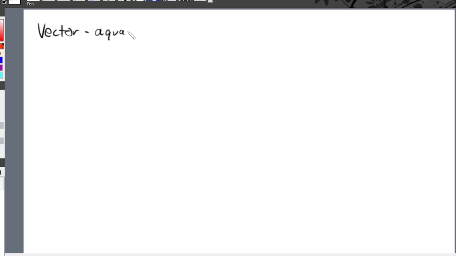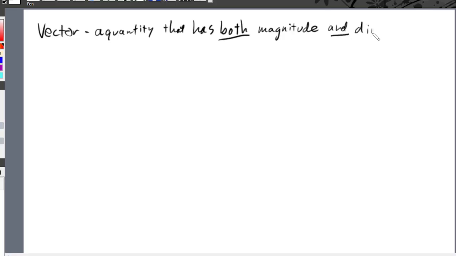So it's a quantity that has both magnitude and direction.